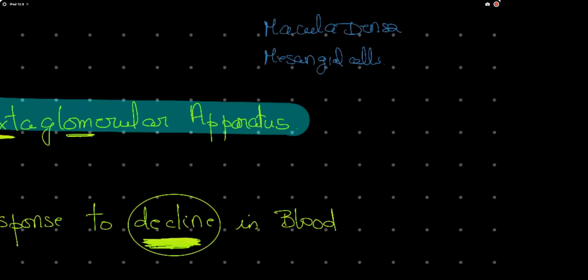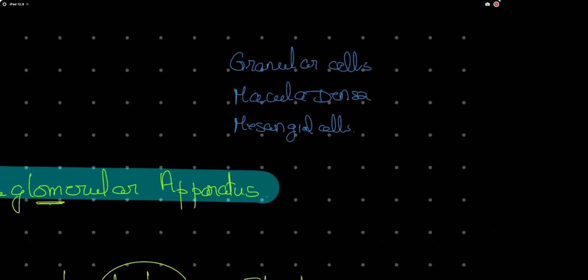Each of them is formed of 3 types of cells. Modified smooth muscle cells of the afferent arterioles. Those contain cytoplasmic granules, and we call them the granular cells. They act as mechanoreceptors. What I mean by mechanoreceptors is they sense the degree of stretch applied to the wall of the vessel.